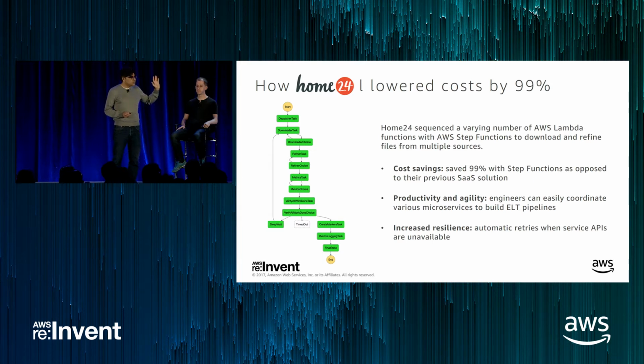So today they've got about 20 plus data sources they process in this Step Functions workflow, and they can add as they need. This made them more agile and more able to quickly develop pipelines to perform new transformations and new analytics. The platform is also more resilient and more reliable because it handles the API failures of all their different data sources, because Step Functions will automatically retry when the data is not available until it can get the data.